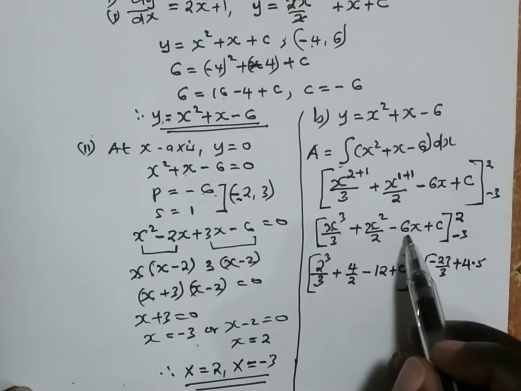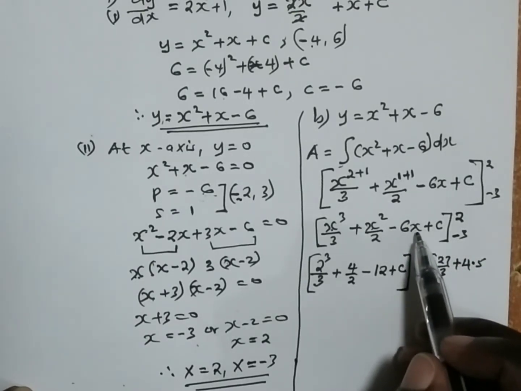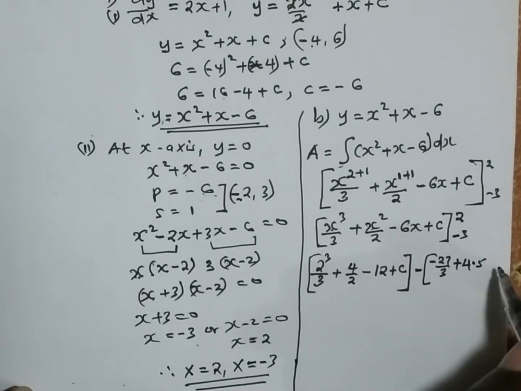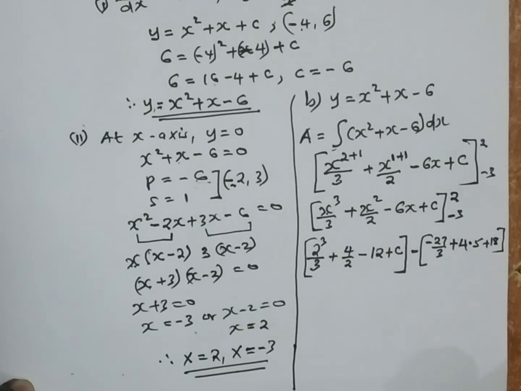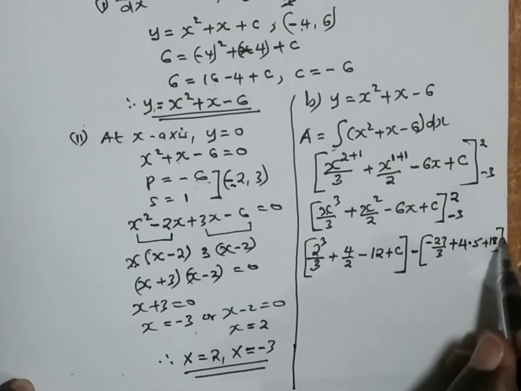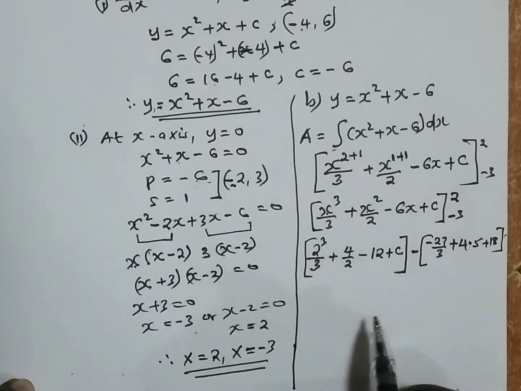Then we have negative 6. We multiply by x, which is negative 3, giving us positive 18. Then of course we add c, which is a constant of integration. But remember, the value of c here and the value of c here will cancel.